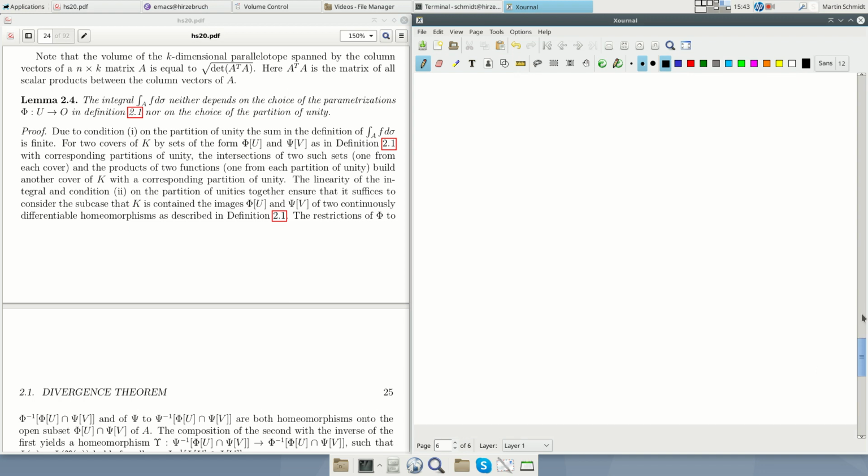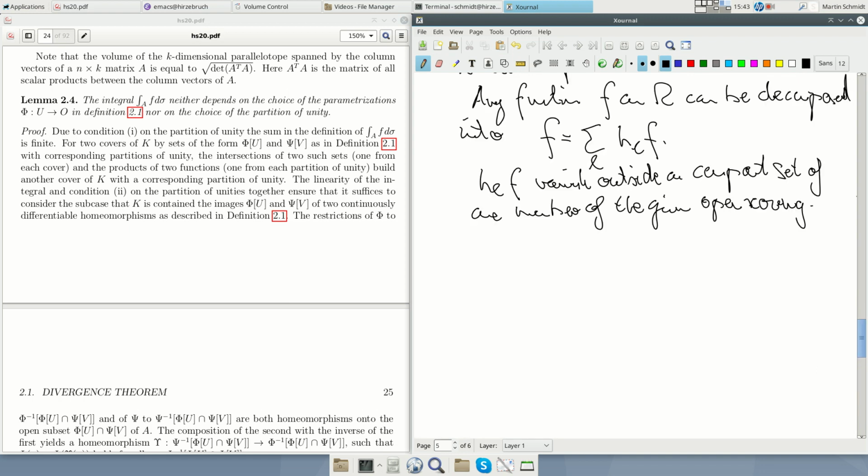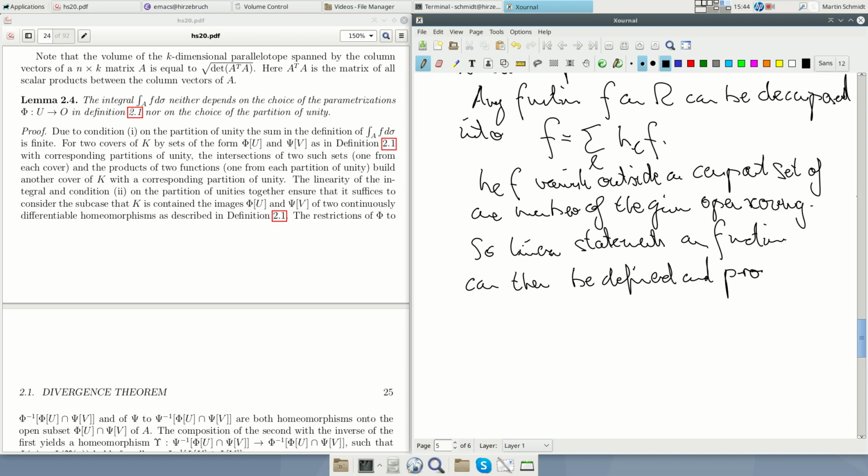So linear statements on functions can then be defined and proven locally on one member of the covering.